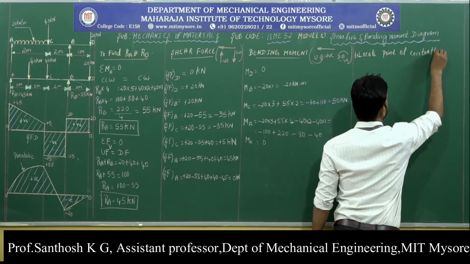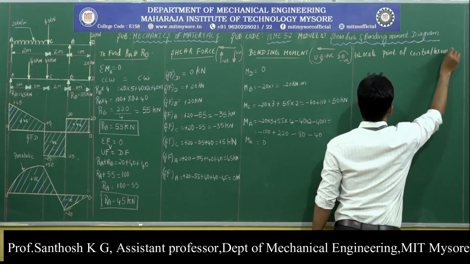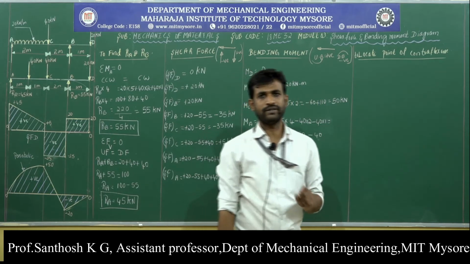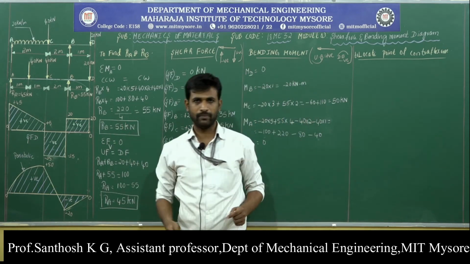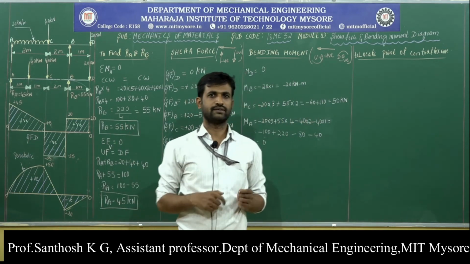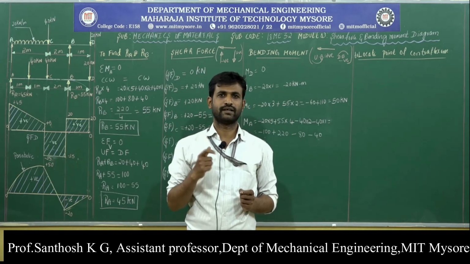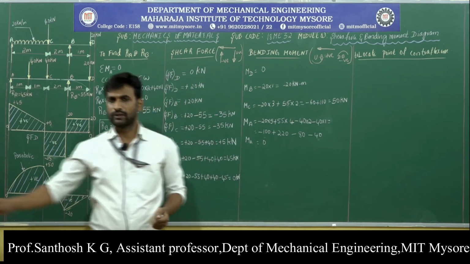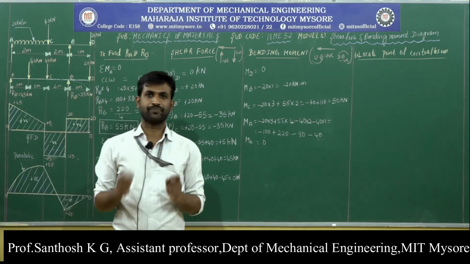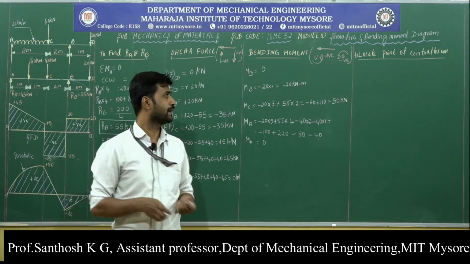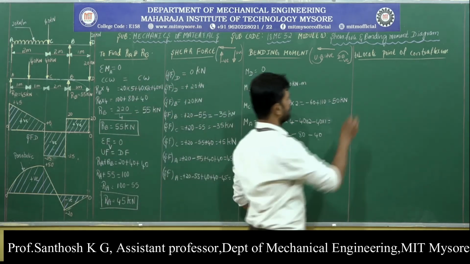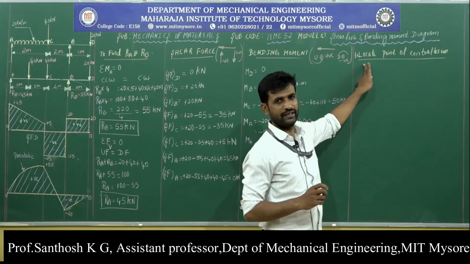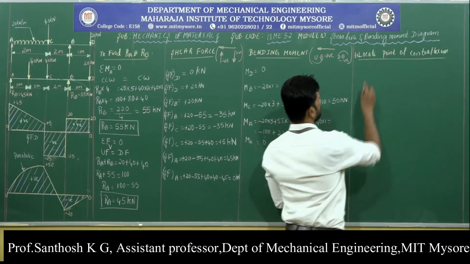So before locating the point of contraflexure on a beam, first let us see what is the definition of the point of contraflexure. The point of contraflexure is a point on a bending moment diagram where the bending moment is 0. I will write the definition here.